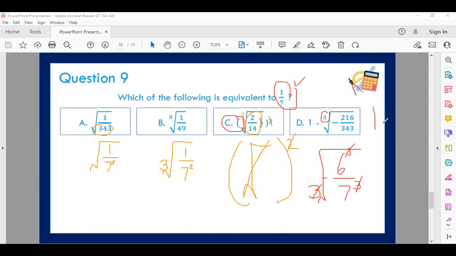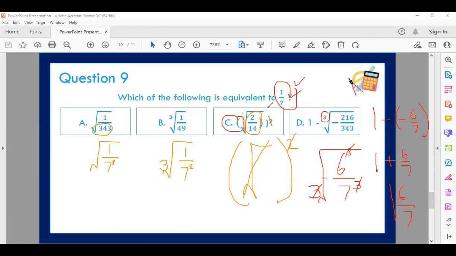So your answer for 1 minus negative 6 over 7 is going to be 1 plus 6 over 7. And that's 1 6/7. It's not the same as 1/7. All right. Yes, negative number. Correct.